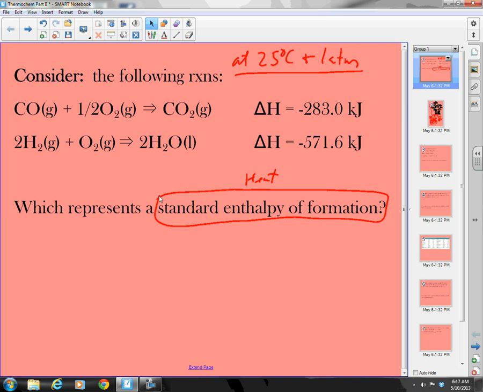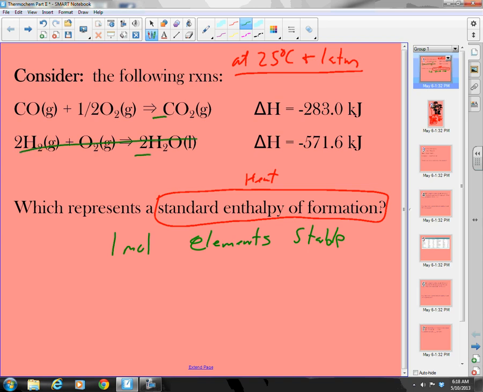Now the question is, do these reactions represent heat of formation? Now what did we say heat of formation was? 1 mole from elements in their most stable form. Got it. So do I form 1 mole there? Yes, so we're still in the game. Do I form 1 mole there? No. Yoink. That one's done. Now let's go back.